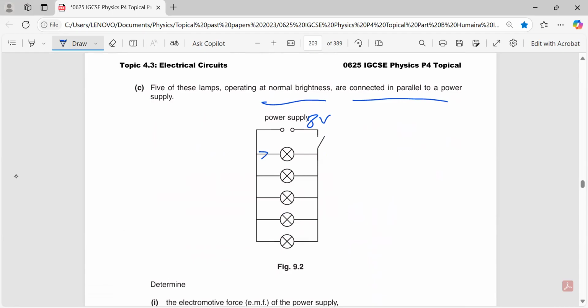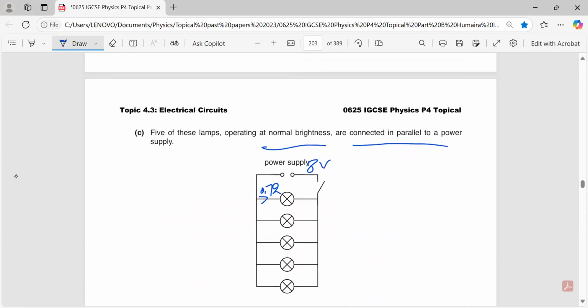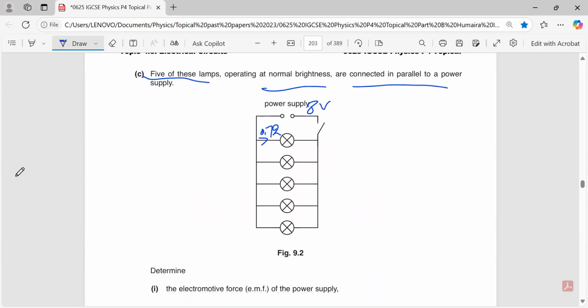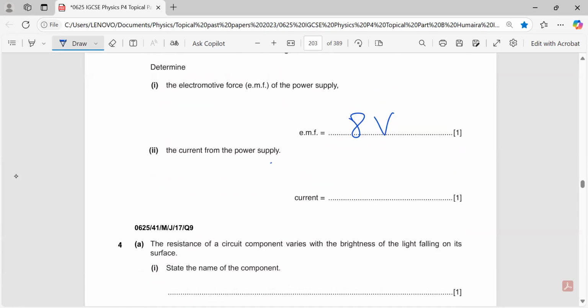Here 0.72, and these are now 5 in numbers which are connected here, and they are of the same, like 5 of these lamps they're talking about, like they are identical. So it means that 0.72 is the current which is in each of the branch which is needed for all of the lamps. So it's very simple for you to calculate the value of current.